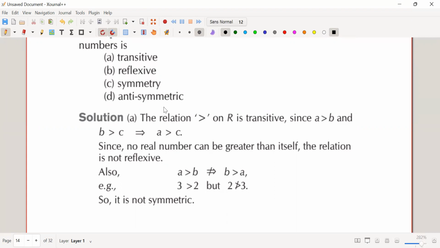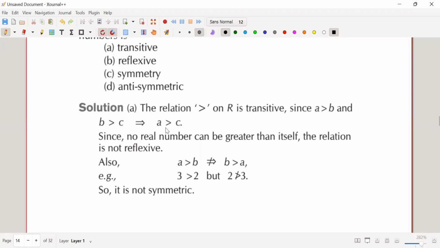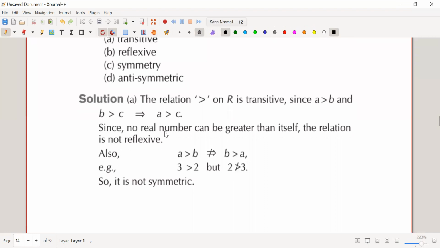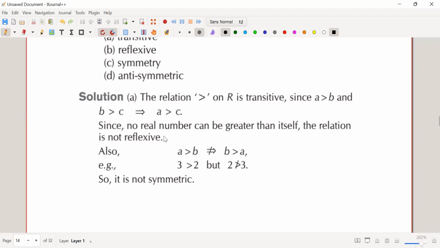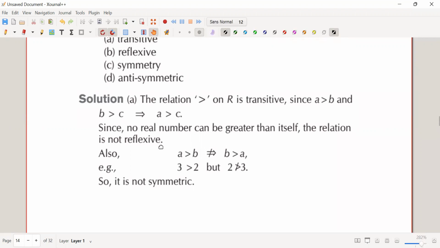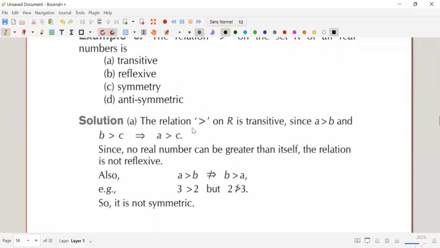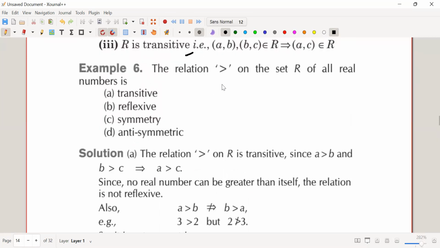Antisymmetric is the answer. That is not symmetric is the answer.